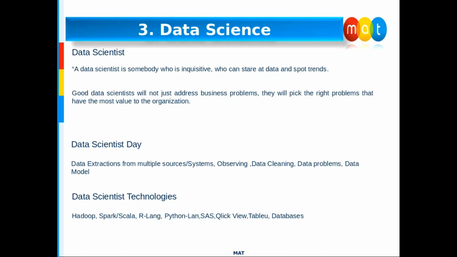But similarly, a data scientist's day starts with data extraction from multiple sources, data cleaning, observing the data, identifying and spotting trends in data, and preparation of data models, testing of data models, execution of data models, right? Using these data scientist technologies: Hadoop, Spark, Scala, R, Python, SAS, Tableau, and different databases like MongoDB, Cassandra, HBase.